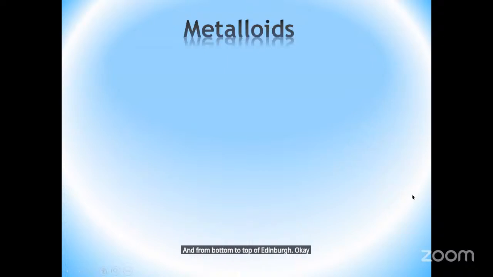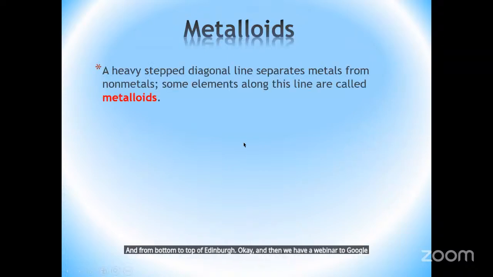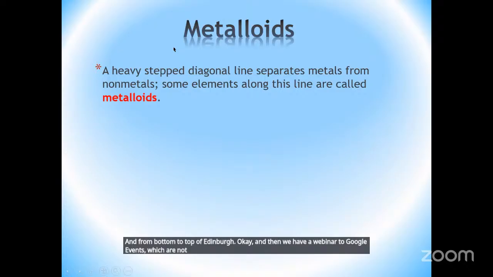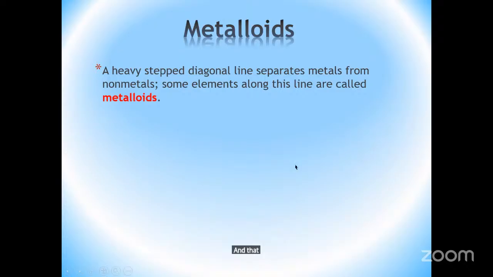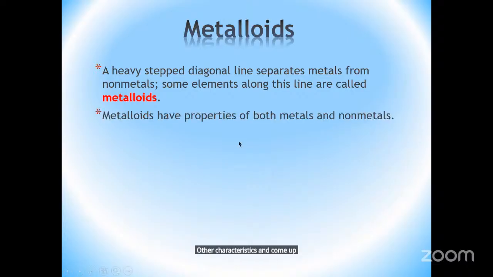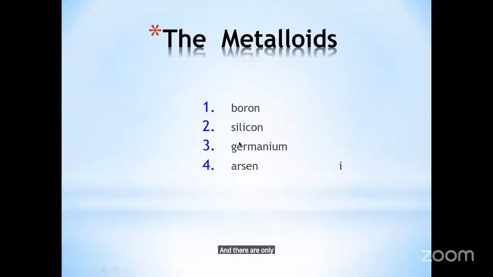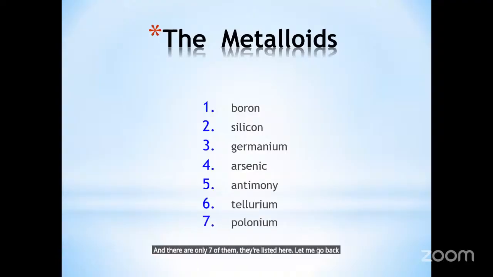Okay, and then we have a minority group of elements which are not metals or non-metals. They're called metalloids, and that's because they have some characteristics in common with metals, other characteristics in common with non-metals, and there are only 7 of them. They're listed here. Let me go back to the previous slide. I skipped over something.